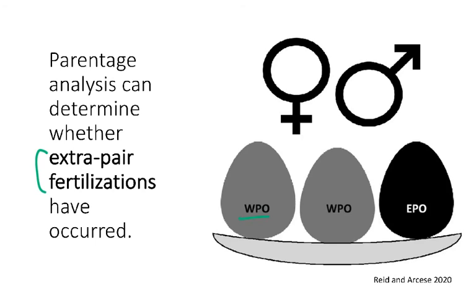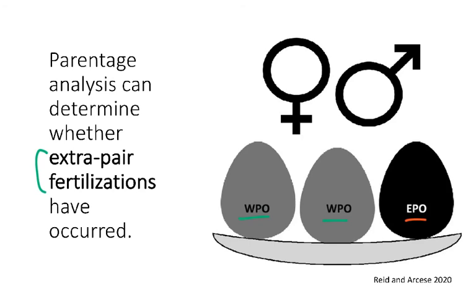WPO stands for within pair offspring. So that would be, say you have a male and a female bird that are taking care of the nest. They're the pair. So these two eggs are actually the offspring of those two parents that are taking care of the nest. This EPO individual, or extra pair offspring, was actually fathered by a different male. So maybe a sneaker male or something like that.